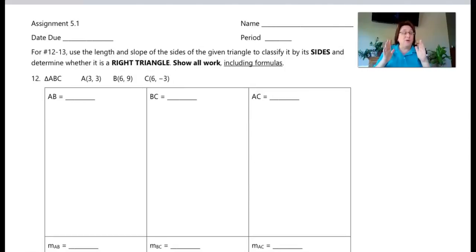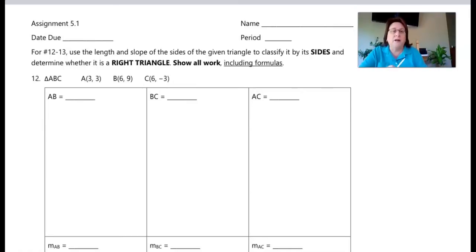Hopefully you remembered that negative reciprocal slopes create perpendicular lines. So we got to figure out if any of the slopes are negative reciprocals, and we need to find the length of the sides in order to classify it by its sides. Is it scalene or isosceles or equilateral? Okay, so let's go take a look.